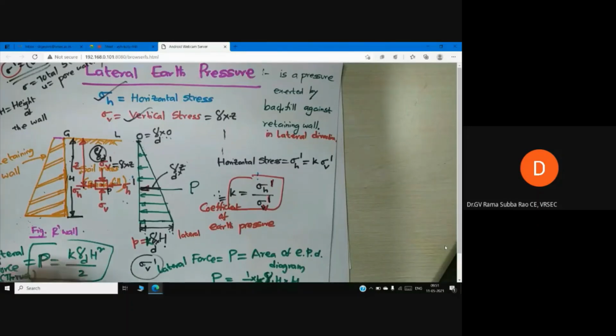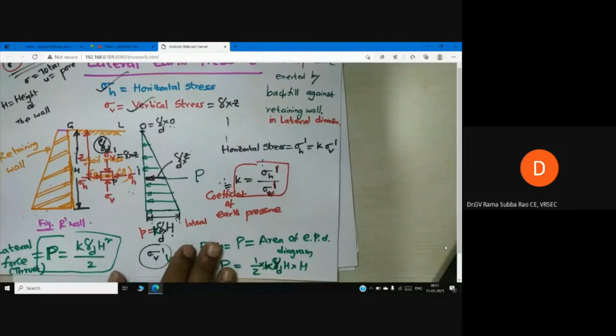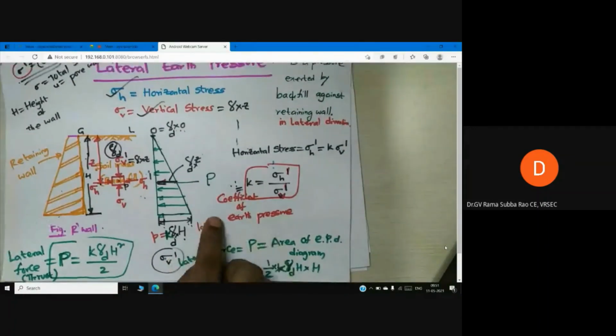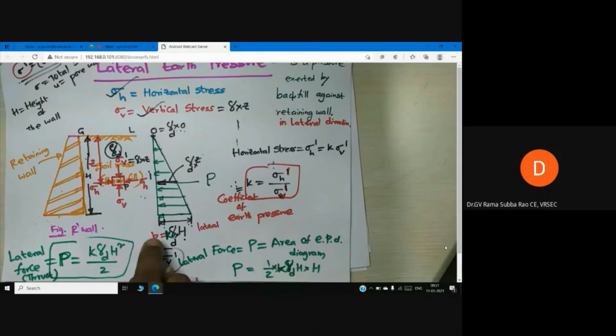Now, actually, my interest is not just calculation of pressure. I want to calculate force. If you want to calculate force, you need to calculate area of the pressure distribution diagram. So here I want capital P. I'm not happy with small p. I'm looking further for capital P, which is force, half base into height.